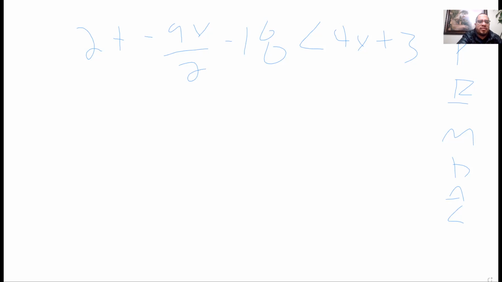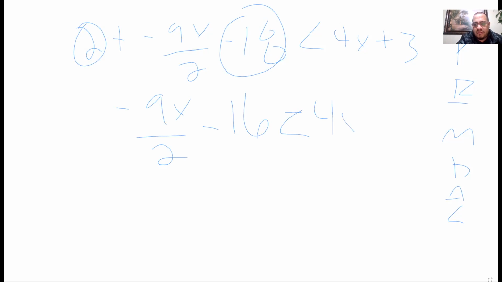Now that we have this equation, we have common integers, right? So in this case, we can do 2 minus 18. These are common. So let's do 2 minus 18. So that's going to leave us with negative 16. So our next expression is going to be 9x over 2 minus 16 is less than 4x plus 3.